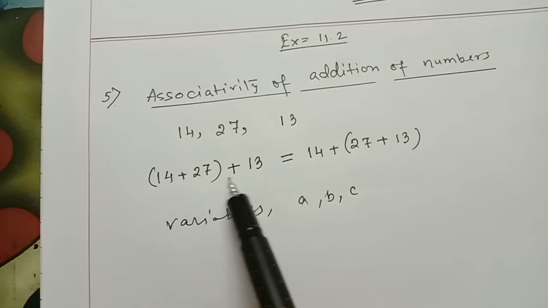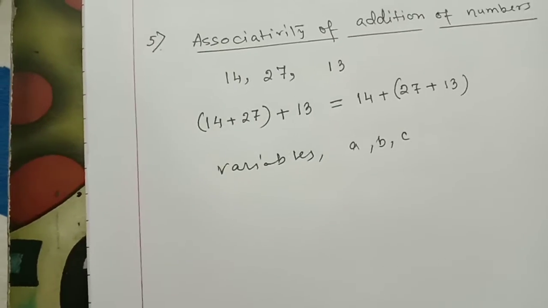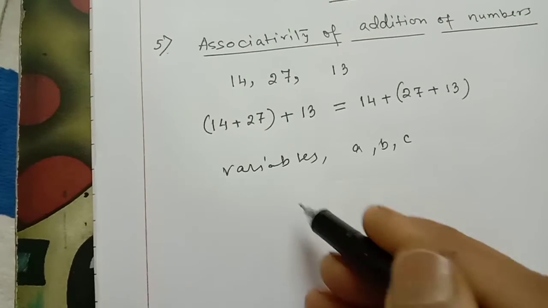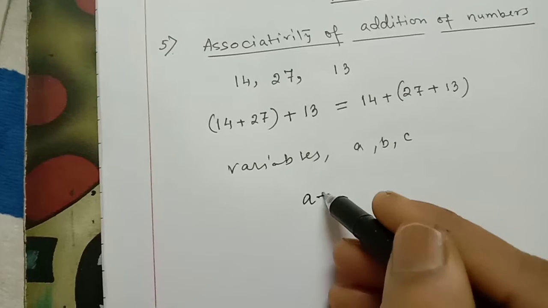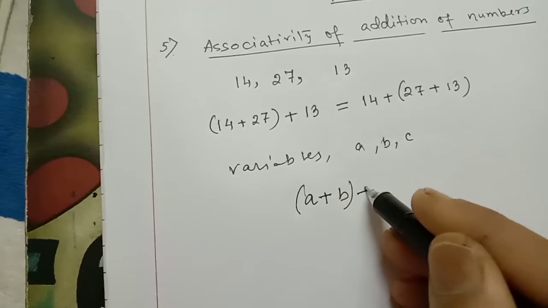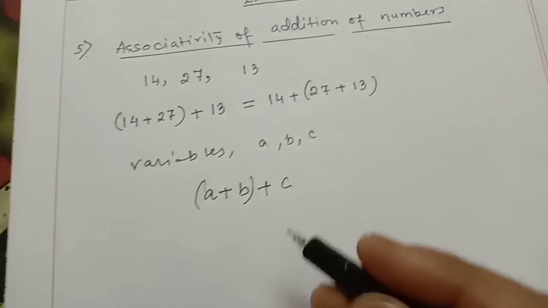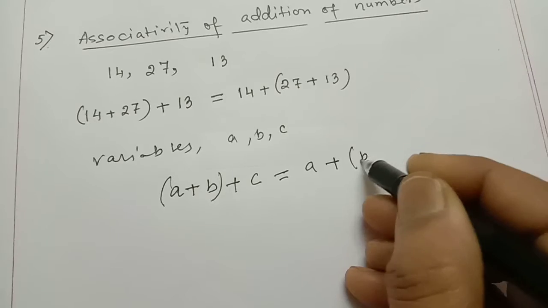To show the associative property of addition in whole numbers by using variables, what can I write? By using variables, the general formula will be a plus b, in brackets, plus c. It will be the same as a plus, in brackets, b plus c.